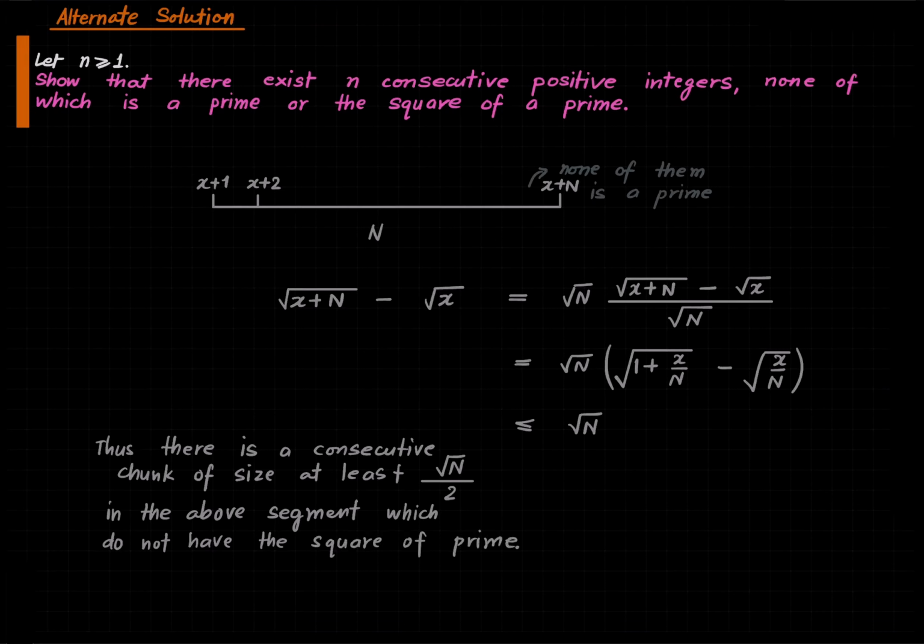Since no perfect square occurs in the chunk of this length, no prime squares occur in the chunk of this length. So why is that?